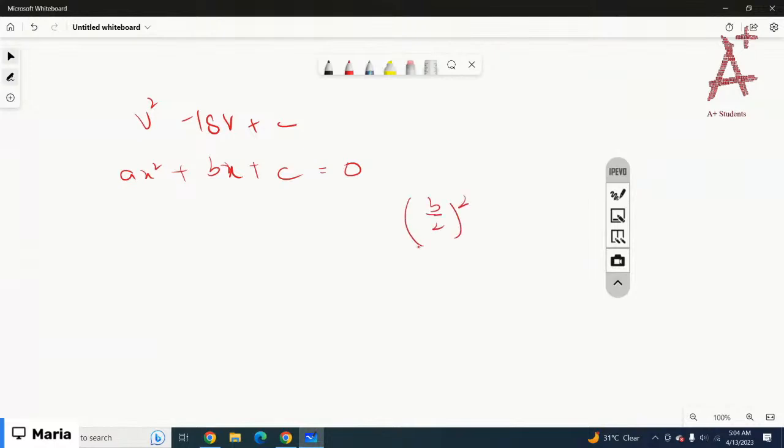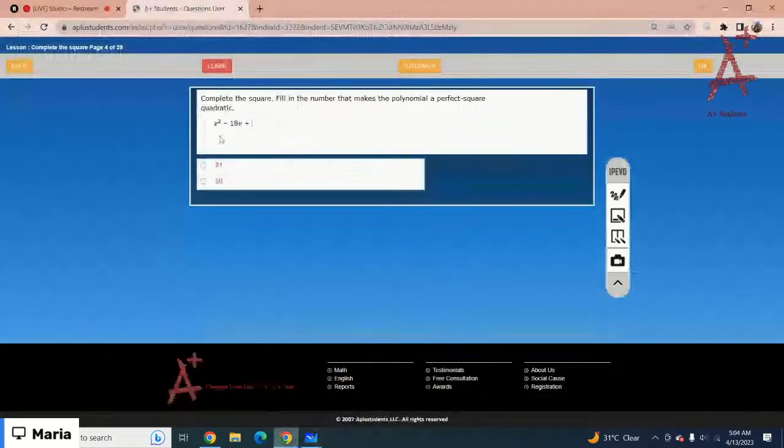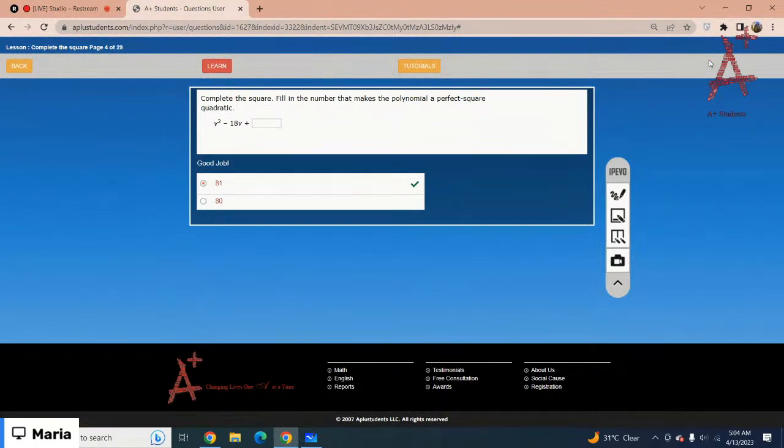So b is 18, so it would be 18 over 2 is 9, 9 square. So just add 9 square. v square minus 18v plus 9 square. So 9 square is 81. Got it? So it would be 81.